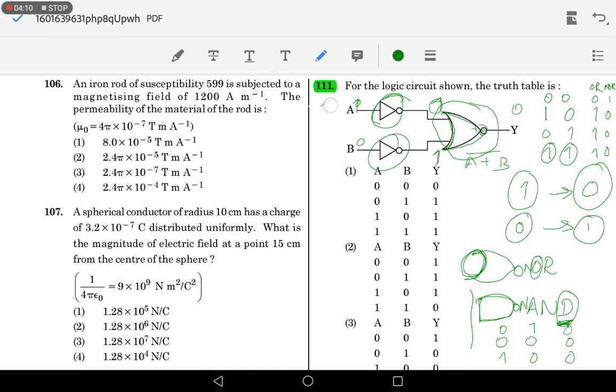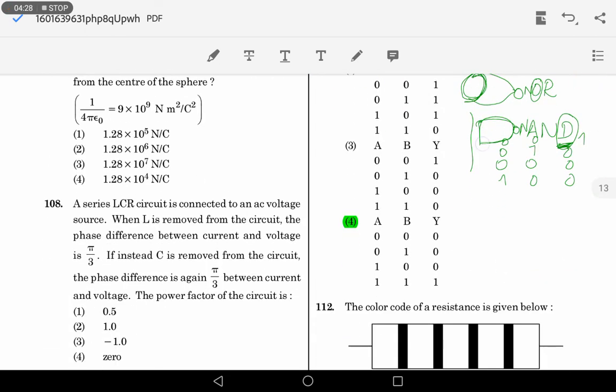Let's try for 1 and 1. After passing through the NOT gates it gives 0 and 0. For 0 0 the OR gate gives 0, but it's a NOR gate, so it's going to be 1. And this shows that the fourth option is the right one.